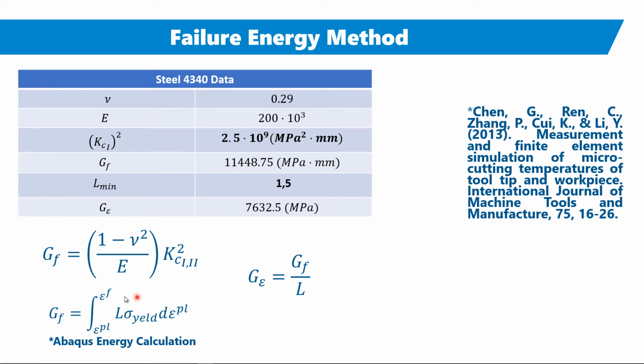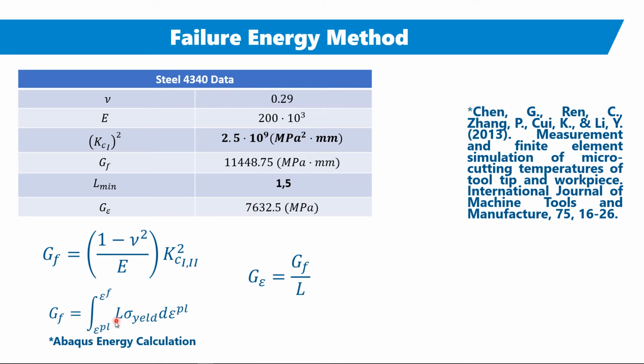You can see there is an integration from the plastic strain to the failure strain, integrating the stress and the yield stress with the length of the element. But this calculation is very mesh dependent. In Chen's article, you're going to see that it can affect the results a lot.